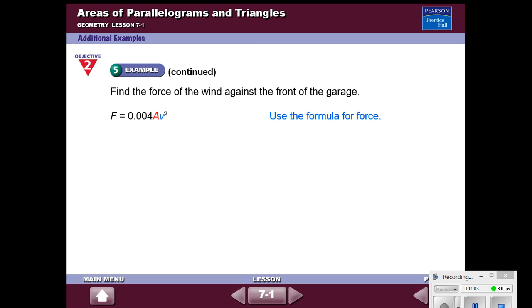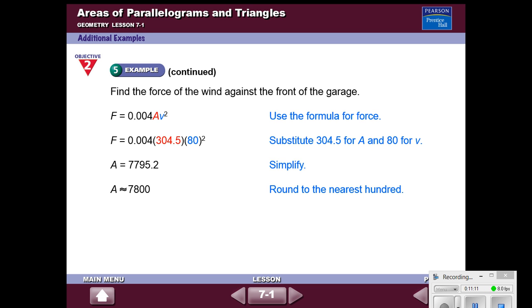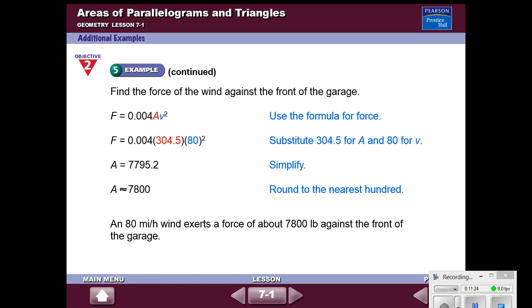Now I go back to my force equation to find the force on that garage front, and putting everything in, it computes to a force of 7,800 pound force on that garage door. That is the force exerted on the garage front, which is a considerable force.